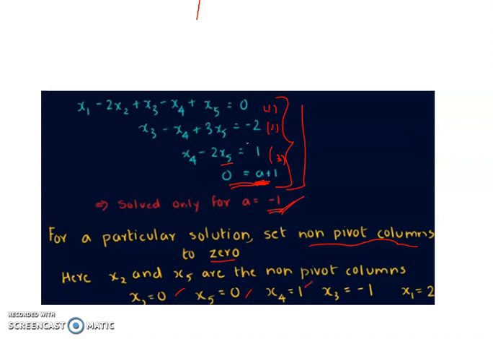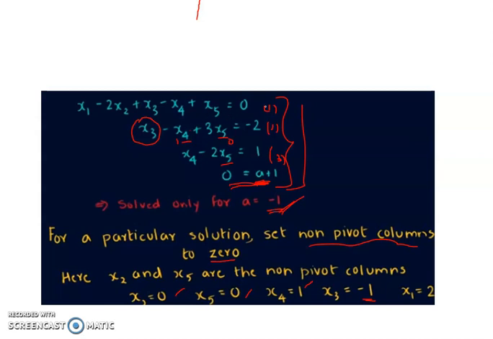Then substitute the values of x4 and x5 in equation 2, and then you will be getting the value of x3 as -1. Okay, x4 is 1 and x5 is 0. Substituting it, the value you will be getting is x3 equal to -1.